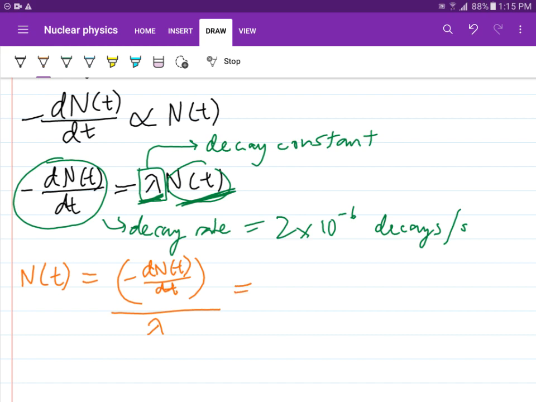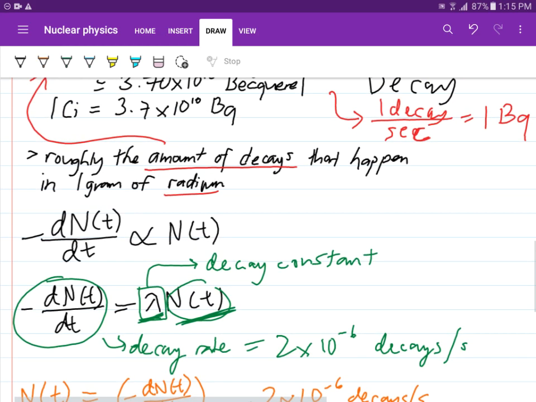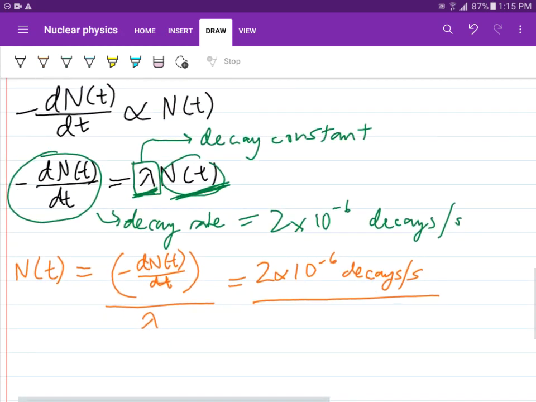So here we have 2 times 10 to the minus 6 curies, in decays per second, over our decay constant, which is 2.95 times 10 to the minus 8 per second.